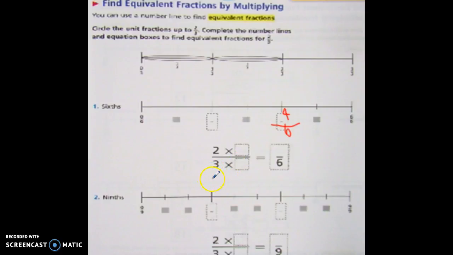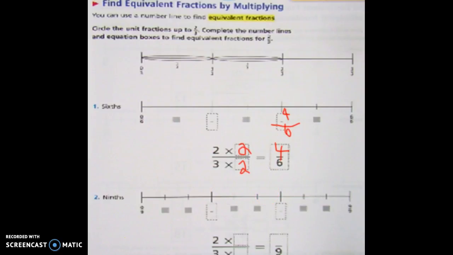We know that we have to multiply the top and bottom, the numerator and denominator, by the same thing. How many times does 3 times blank equal 6? 3 times 2 equals 6. Since I have to do the same thing to the top and the bottom, I'm going to multiply the top times 2 as well. 2 times 2 is 4. So that's an easy way to get an equivalent fraction for 2/3: 4/6.